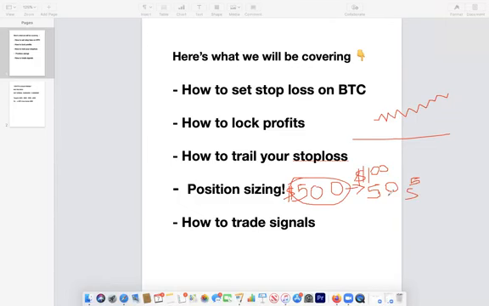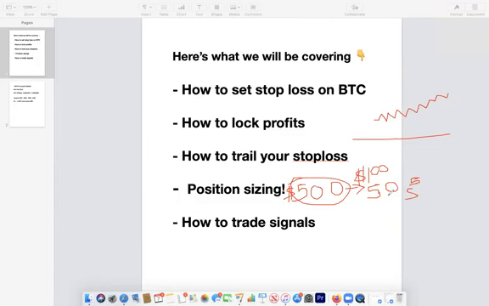5% of 500 is $25. 20% of $50 is $10. 10% of $200 is $20. And then 5% loss of $400 is $20. Am I correct?